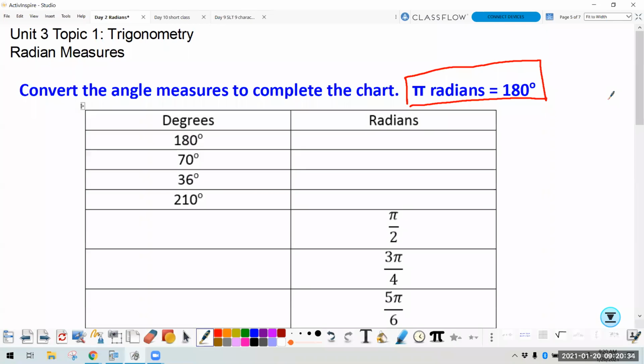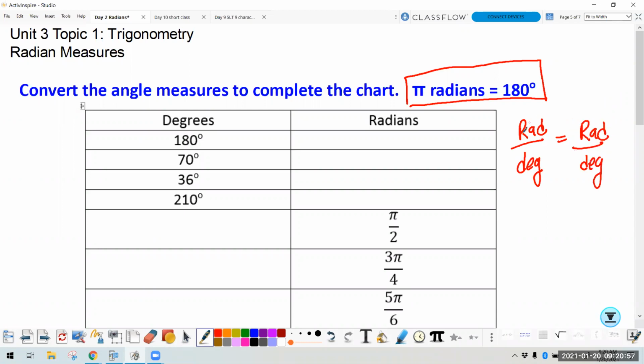You might do this in chemistry where you convert different units, feet per second to inches per minute. We're going to make a proportion. We're going to make a fraction. So every single time, if I set it up as radians over degrees, that'll equal radians over degrees.